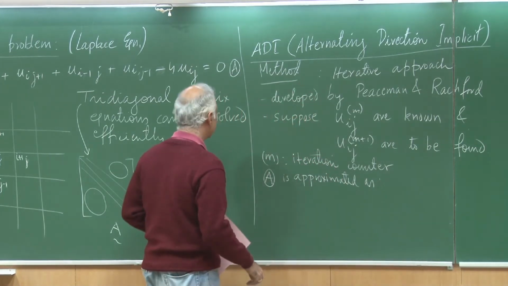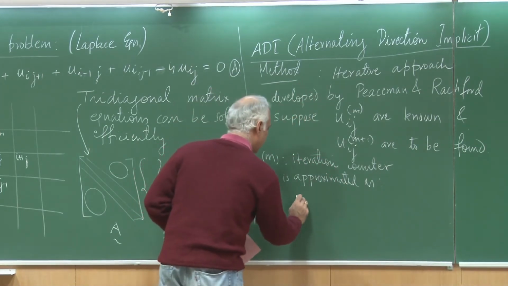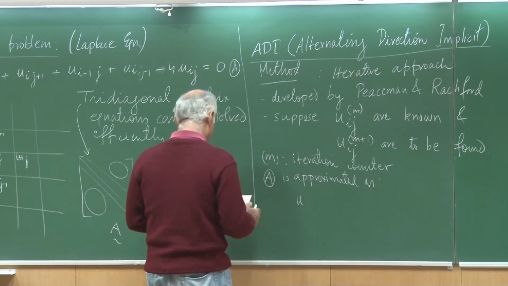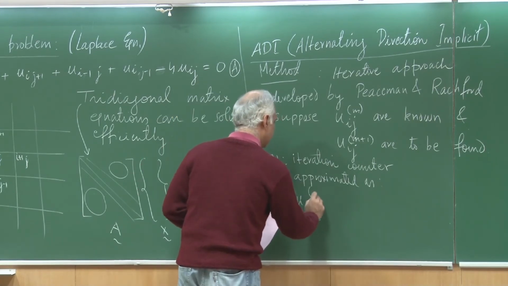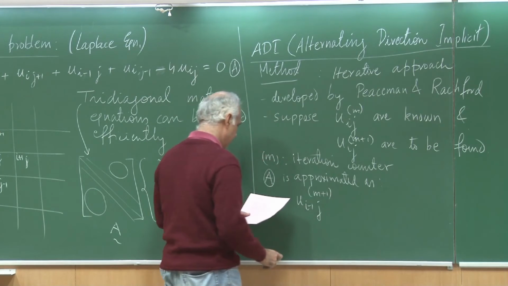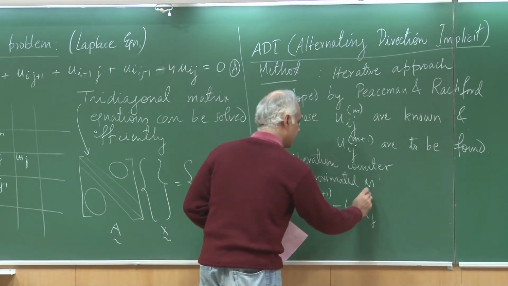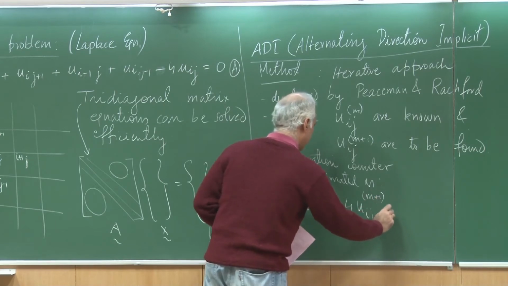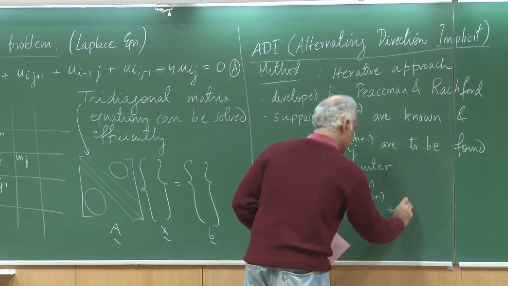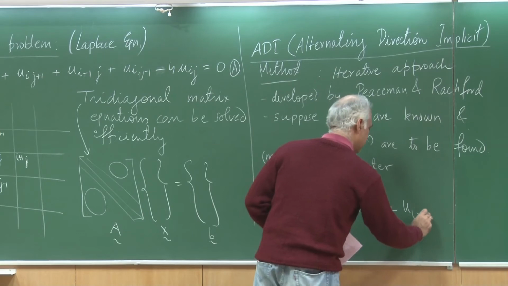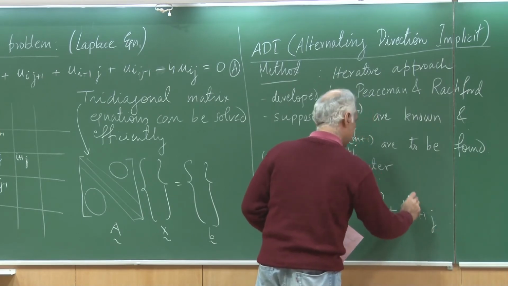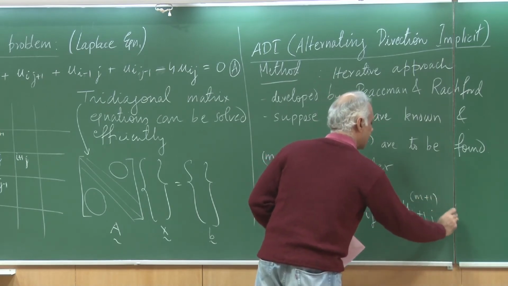In the first iteration I am going to do the following: u(i-1,j) at m plus 1 minus 4 u(i,j) at m plus 1 plus u(i+1,j) at m plus 1.